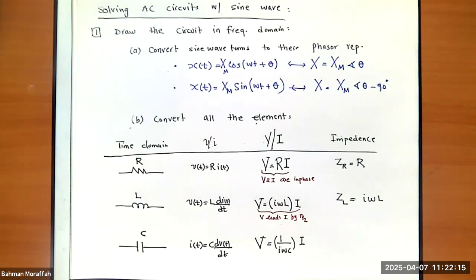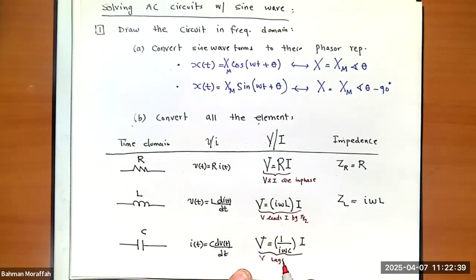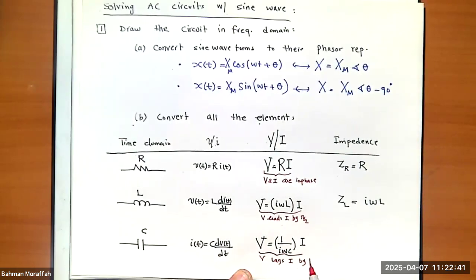So we know the phase of 1 over j is the same as the phase of negative j, which is negative π/2, negative 90 degrees. So what it tells me is that V lags I by π/2, or I leads V by π/2.